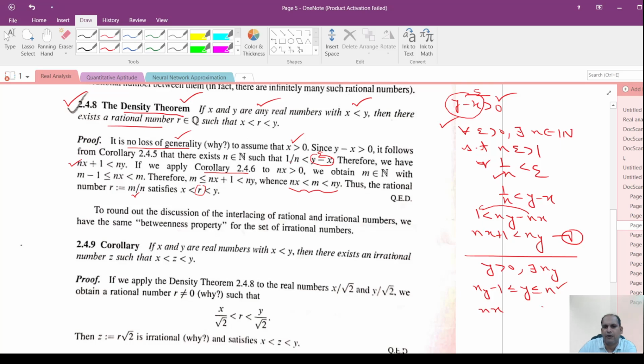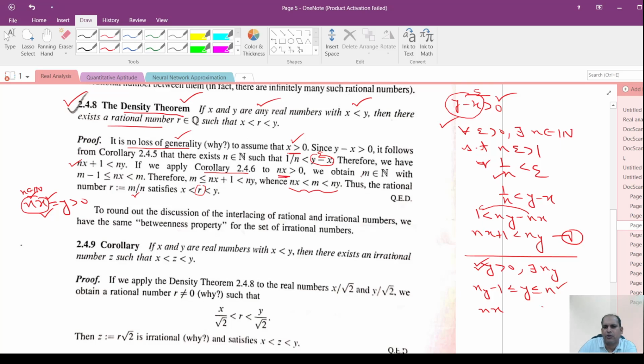We have assumed x is strictly greater than 0, and n is a natural number, so n x is going to be a real number; let us consider it as y. I can use this one because x is greater than 0 and n is a natural number, so obviously n x will always be greater than 0. So I can apply this.